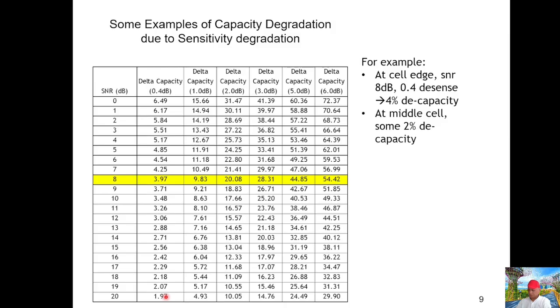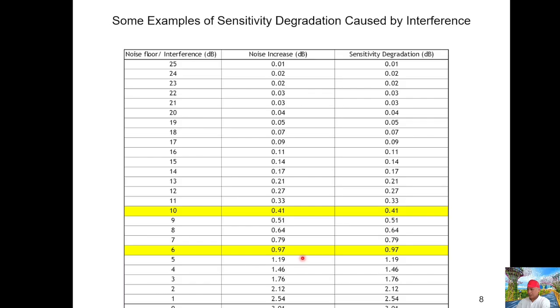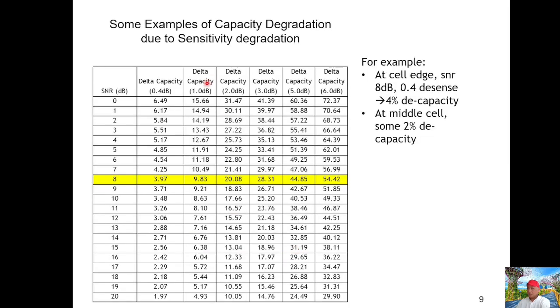If the telco operator or vendor proposes that the interference is 6 dB lower than the receiver's noise floor, which we discussed in the last slides, that means the sensitivity degradation is 1 dB. Then we check this here.